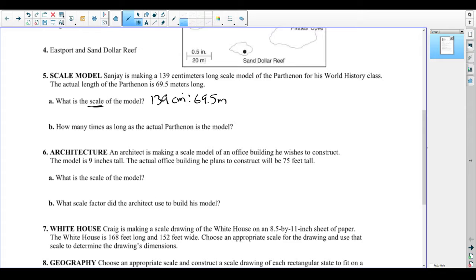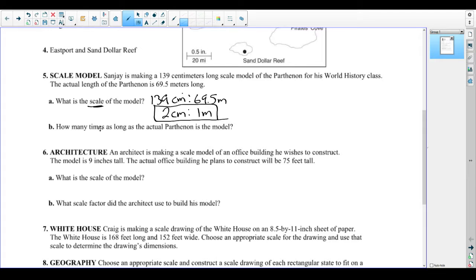If we put on our calculator 139 divided by 69.5, that's 2 to 1. So we say 139 centimeters to 69.5 meters simplifies to 2 centimeters to 1 meter. And that's our scale. Scale is just a ratio used in units.